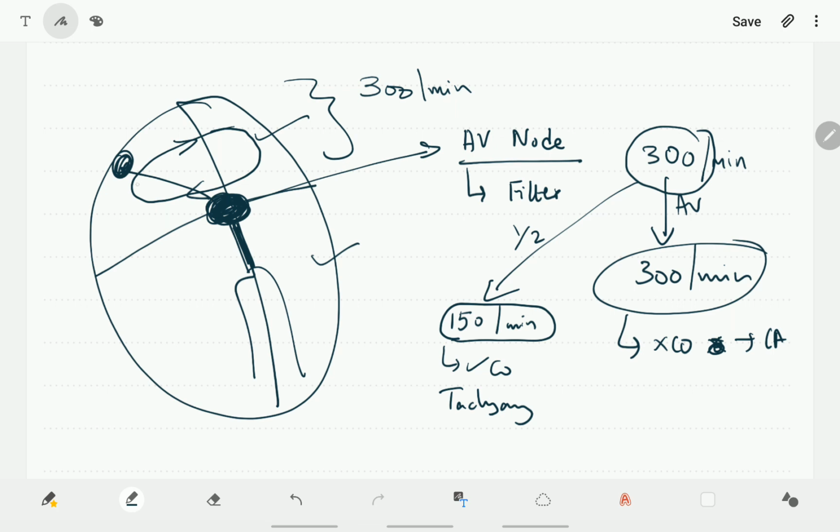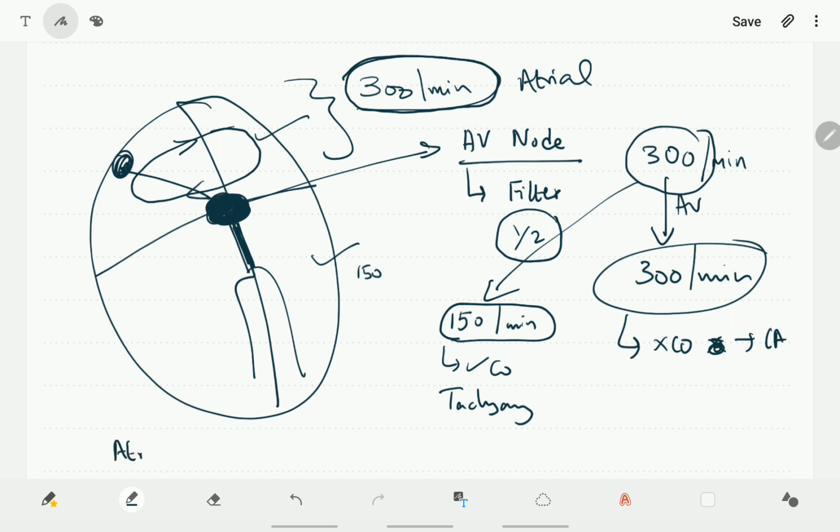So if a macro re-entry circuit develops throughout both right and left atria, this would translate into an atrial activity of 300 beats per minute. Now, as we can see, the important function of the AV node is to block some of these impulses. So if it's healthy, for example, and if it's blocking half of them, it will allow 150 to travel down. This is actually one of the most common presentations of atrial flutter.